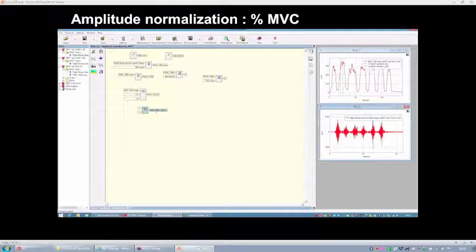Now I'm going to compute the root mean square for the signal where we have executed the test. This is the second. You should already remember how to perform that from the first lesson.